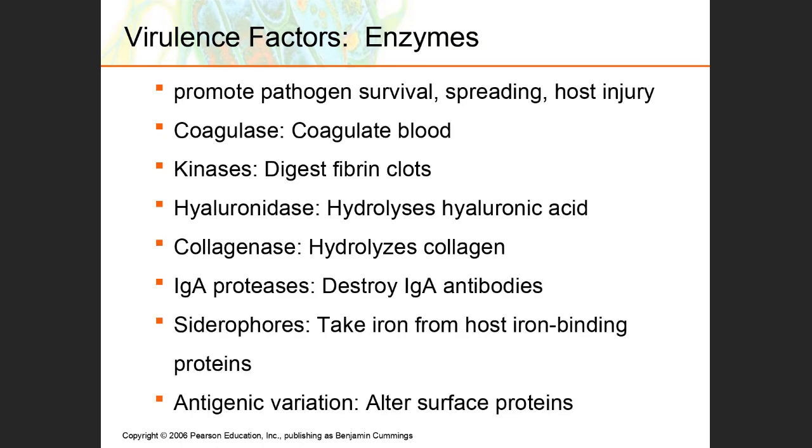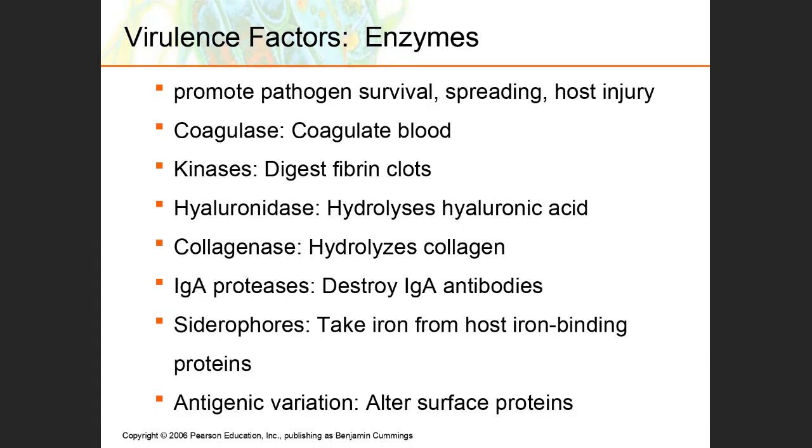Pathogens can produce a variety of different enzymes. And again, the whole point to all these enzymes and toxins is to help that pathogen to survive and spread within the host and cause damage to the host. An enzyme coagulase is one we'll actually see much later on in lab. It forms clots in the blood.